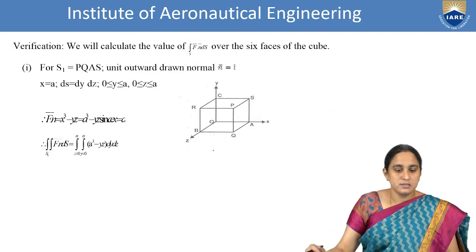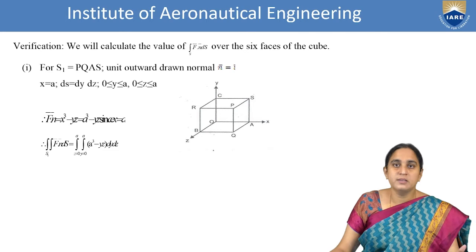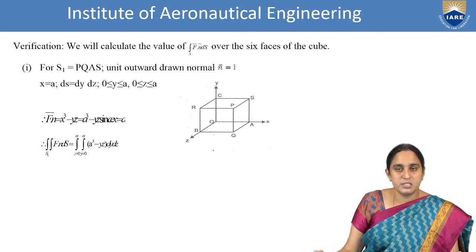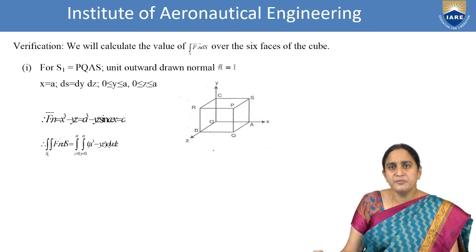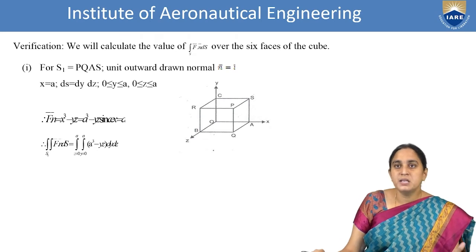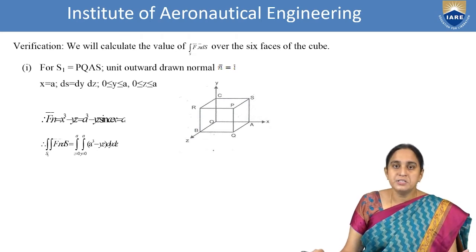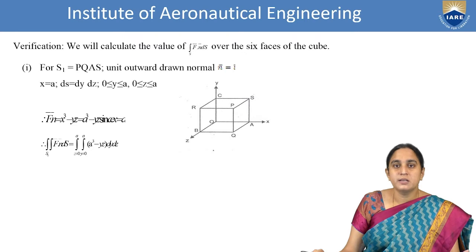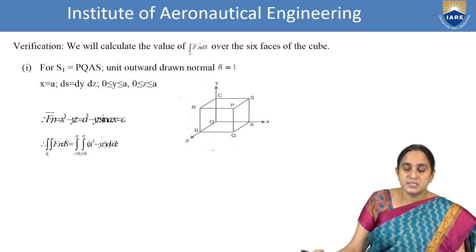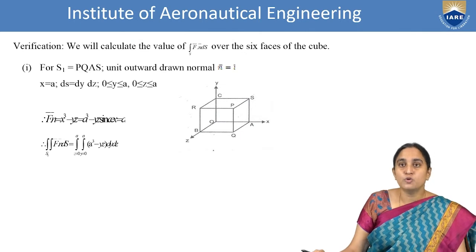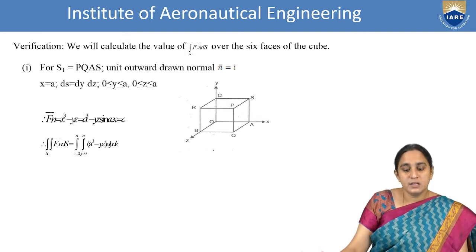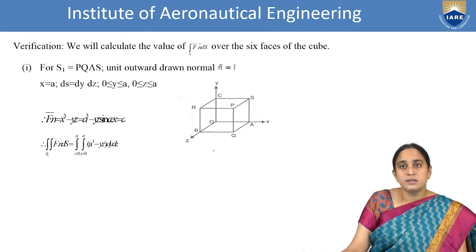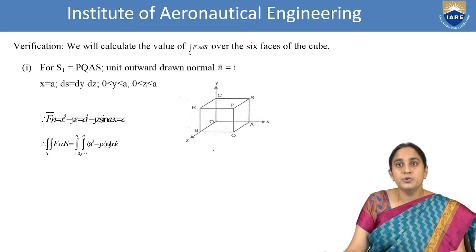Next part of the answer, verification. How to verify? Some conditions are there in the question. What are those conditions? The function is over the surface of the cube, and it passes through the surface of the cube. The coordinate planes are x, y, z equal to a. The surface here means cube.